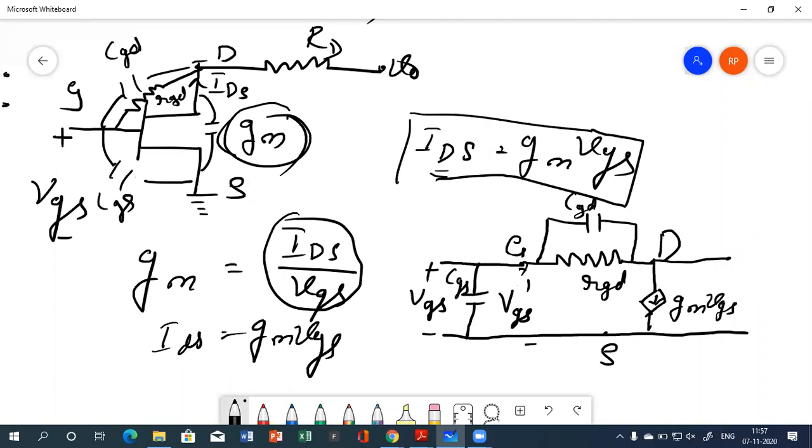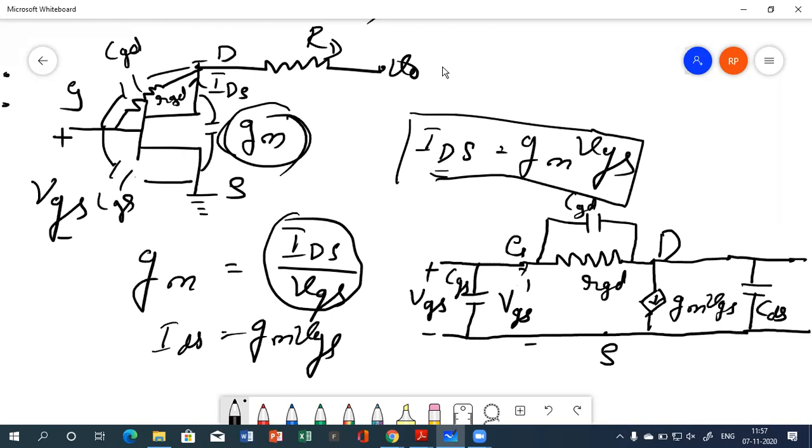Then again we have one resistor and one capacitor. So that I will draw here. Between the drain and source, we have one capacitor called CDS. So this is the capacitor between drain and source. And there is again one resistor, we can call it RDS, or we can neglect this term also.